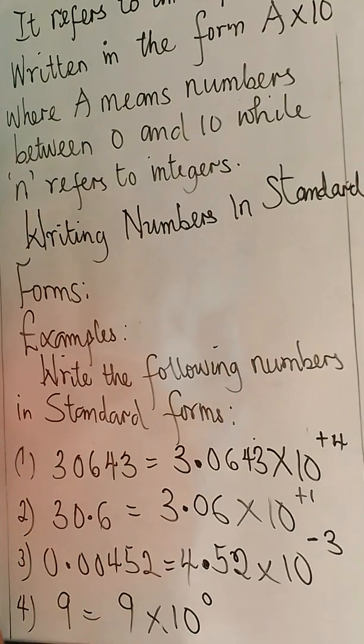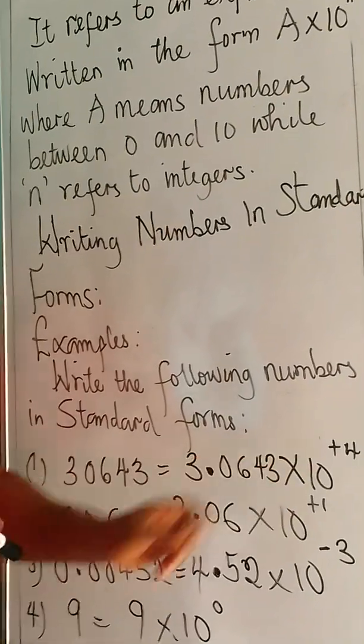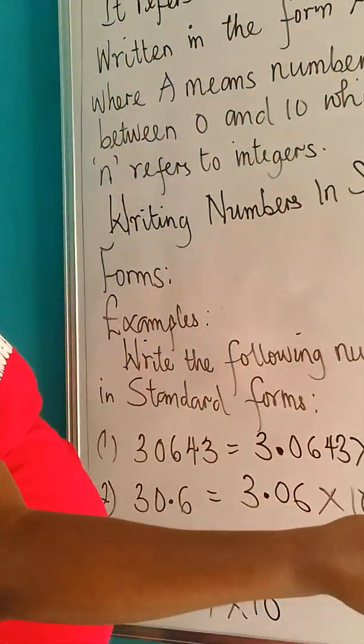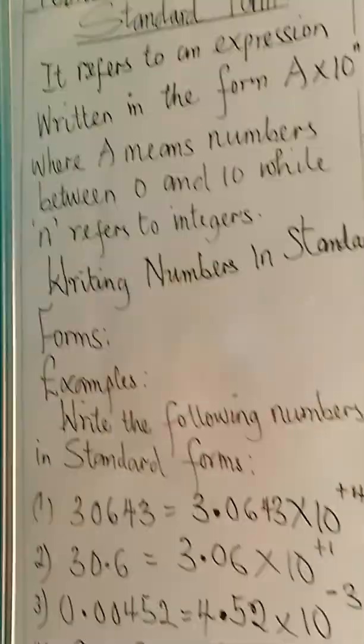Now, in the previous explanation, I mentioned that if you move your decimal point from the right, at a point I said you move your decimal point from the left.